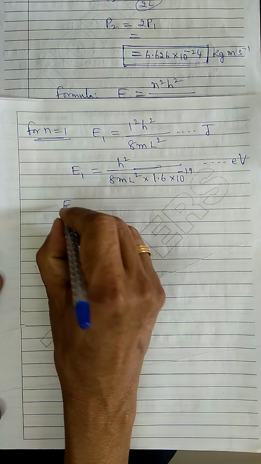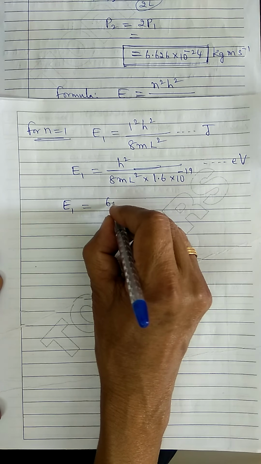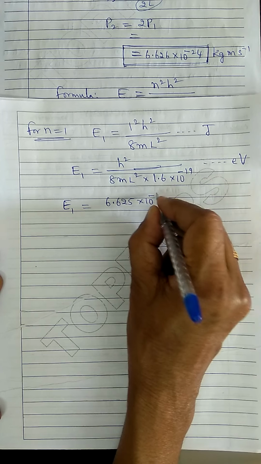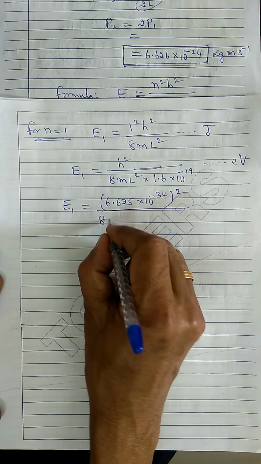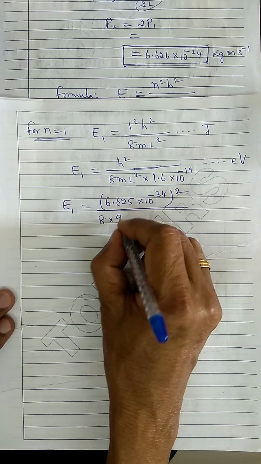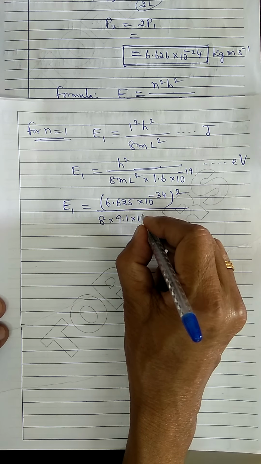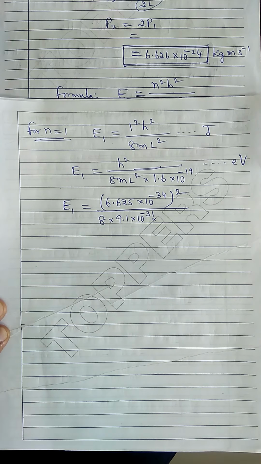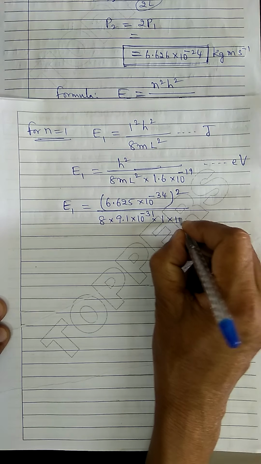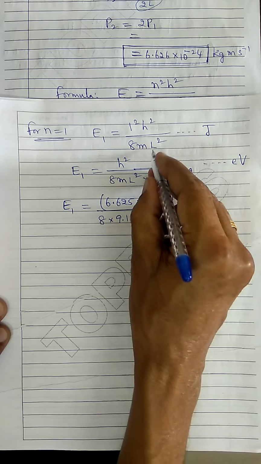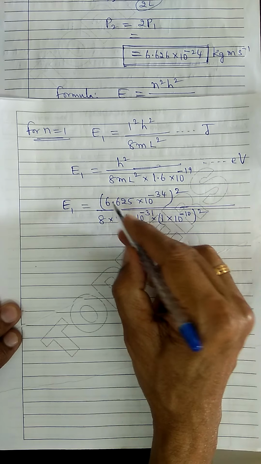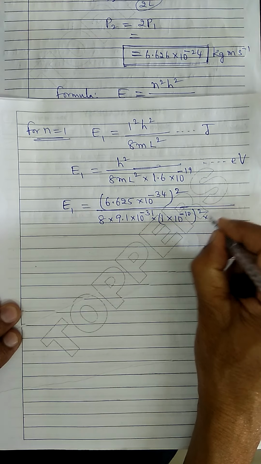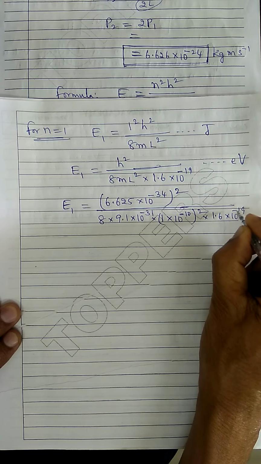Therefore E1 is equal to h square, 6.625 into 10 to the power minus 34 whole square, divided by 8 into mass of electron, the rest mass neglecting the relativistic mass, into L square, with L as 1 angstrom, 1 into 10 to the power minus 10 whole square.